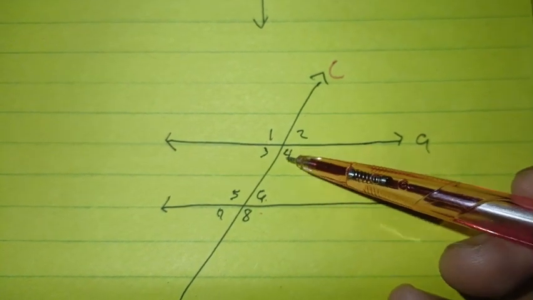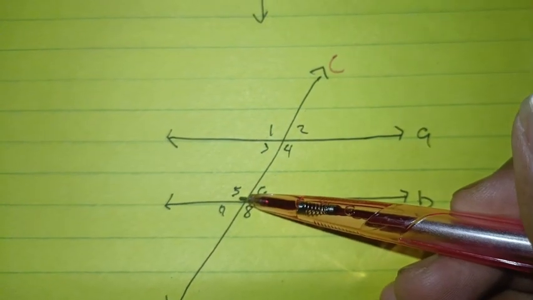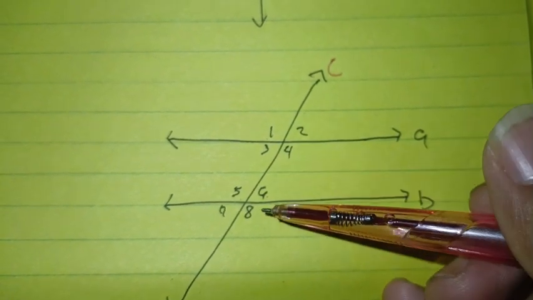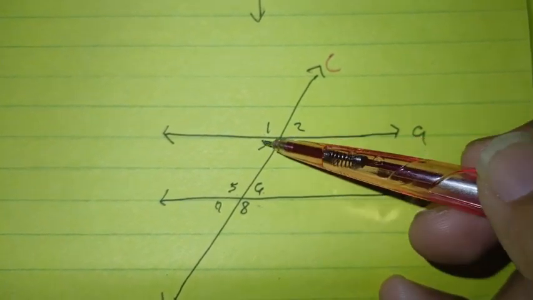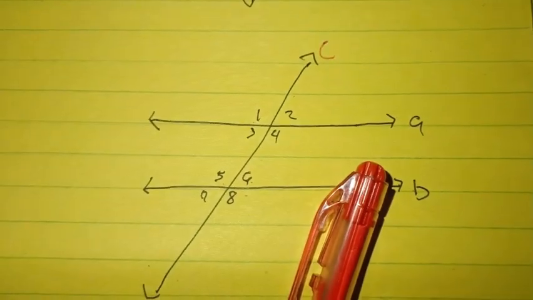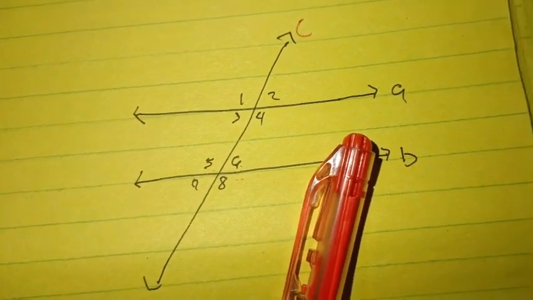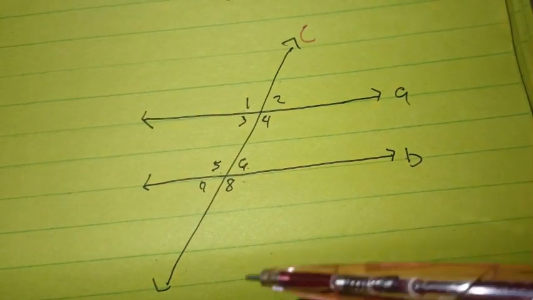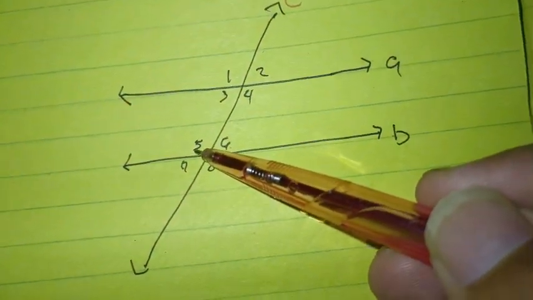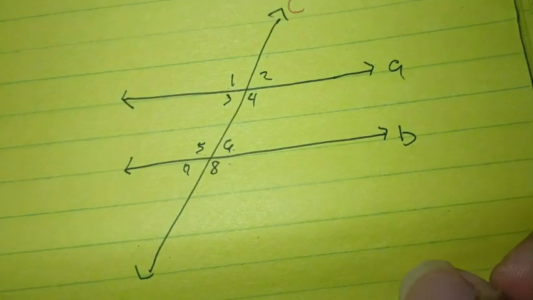And 4 and 5 as well. Angle 3 is equal to angle 6. They have the same measure if A and B are parallel. Just like angles 4 and 5, they also share the same measurement.